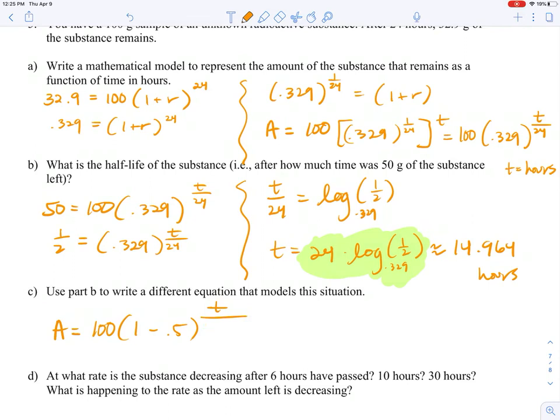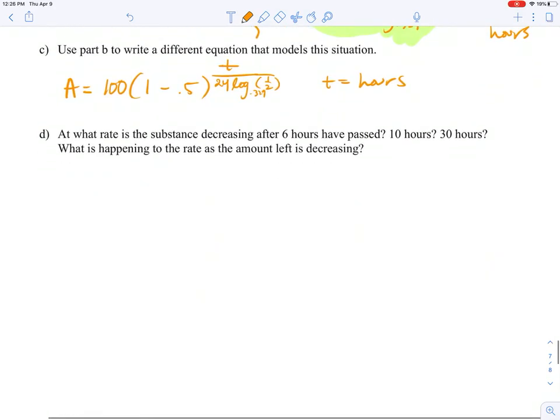So if we still want our input to be in hours, we do t divided by our half-life, where t is still in hours.